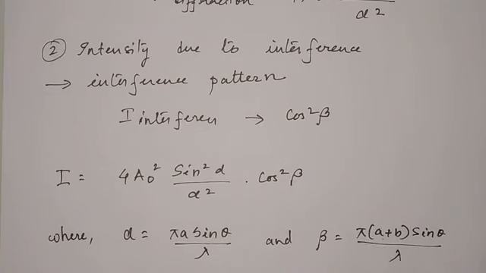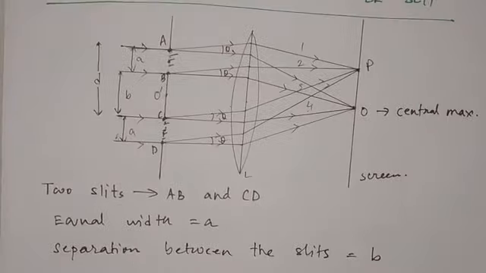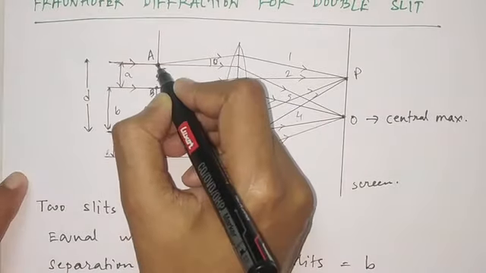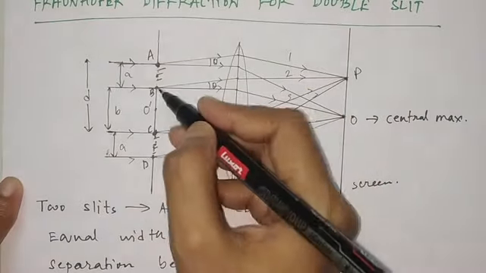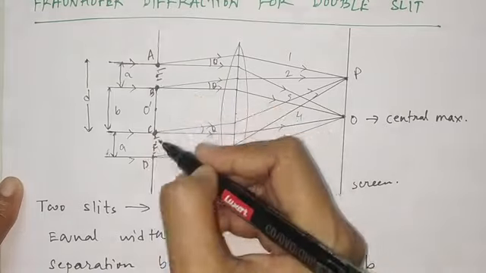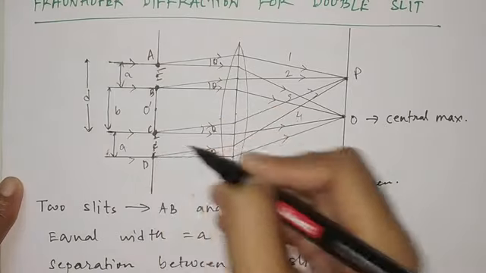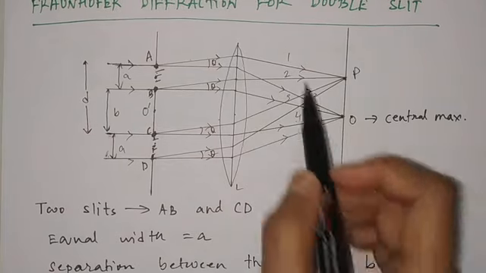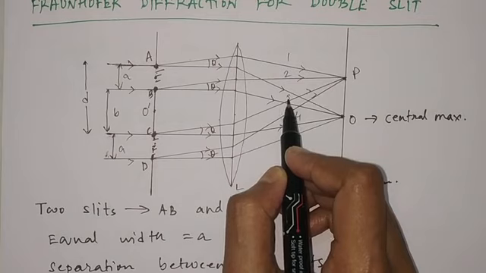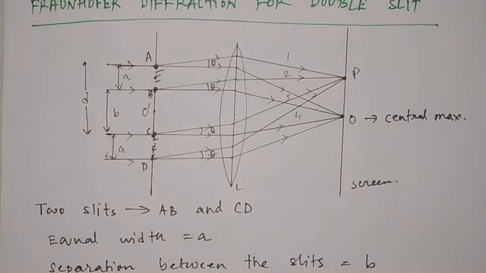It means that the rays coming from the corresponding points A and C will interfere with each other, and the rays coming from the corresponding points B and D will interfere with each other. So 1 and 3 are corresponding rays, and 2 and 4 are also corresponding rays. That's why they will interfere.